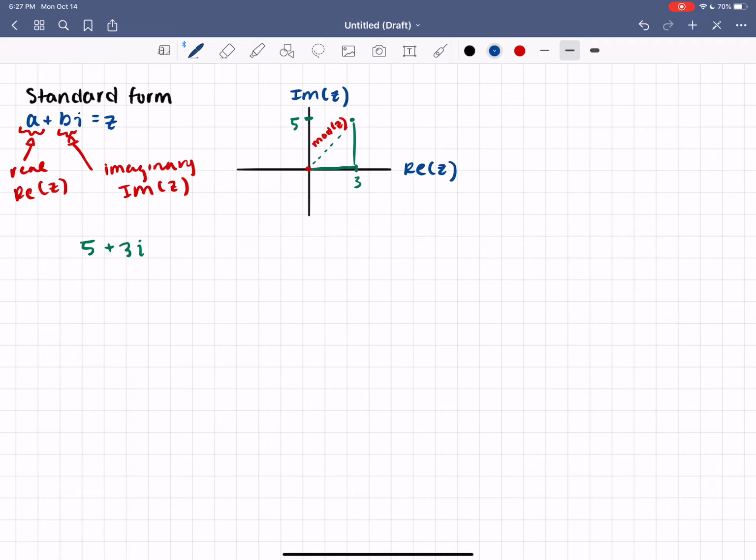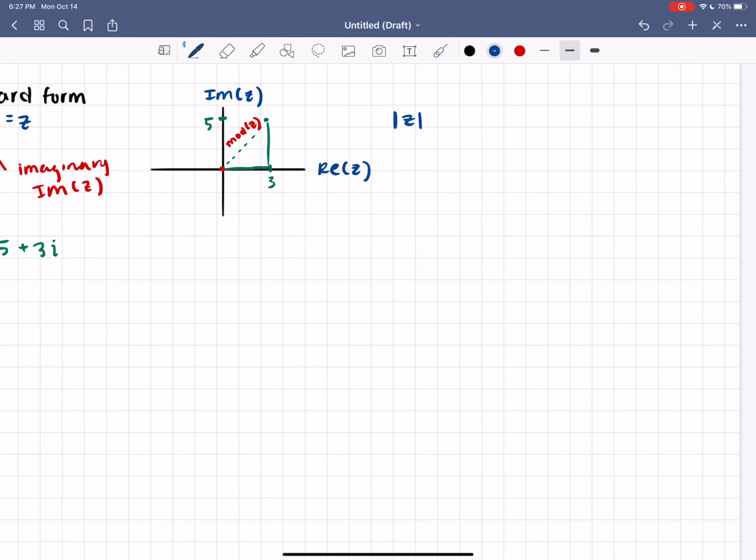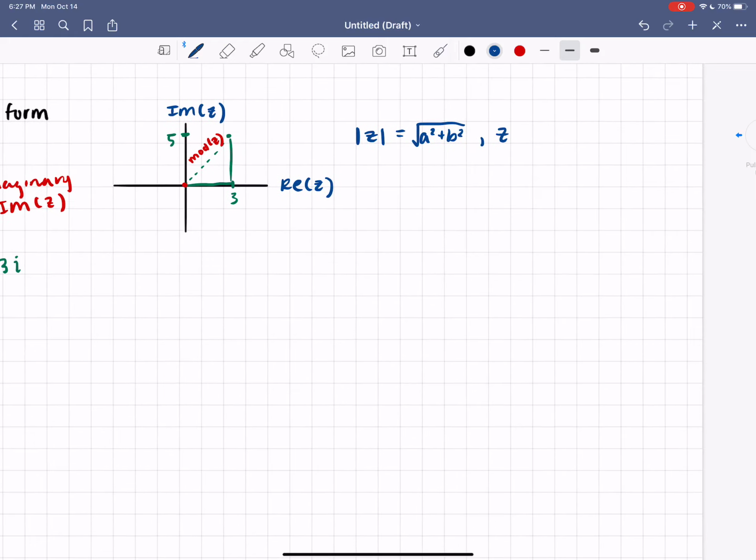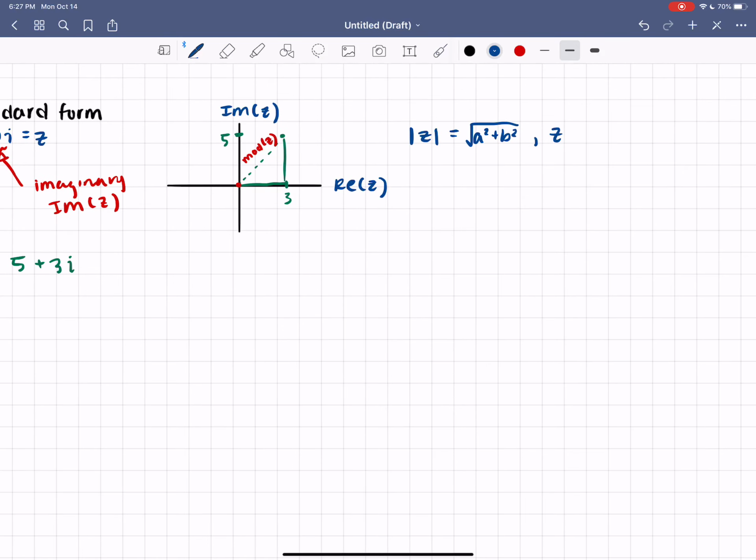And recall that the modulus is just the hypotenuse. So essentially our modulus is the absolute value of z, which is equal to the square root of a squared plus b squared, given that the form our complex number is in is a plus bi.